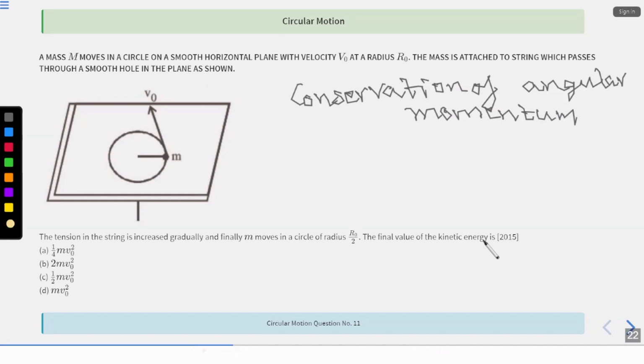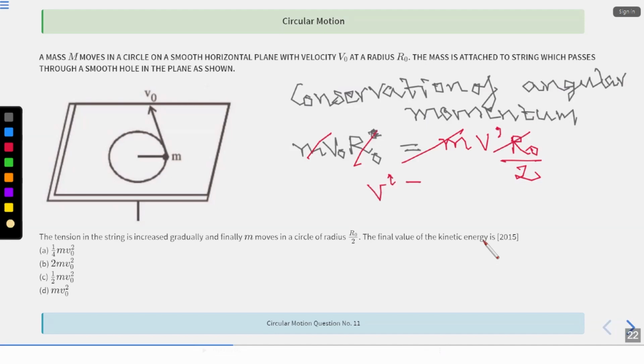So that will be m v naught r naught is equal to m v dash r naught by 2. So this and this get cancelled, and you get v dash is equal to 2 v naught, right?